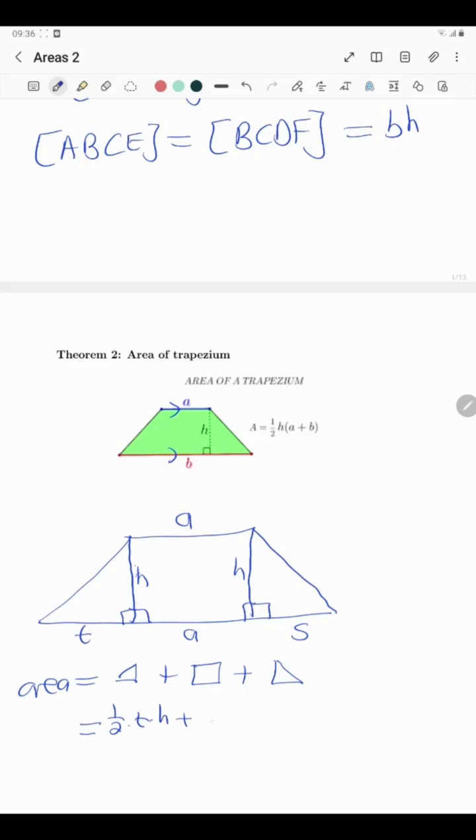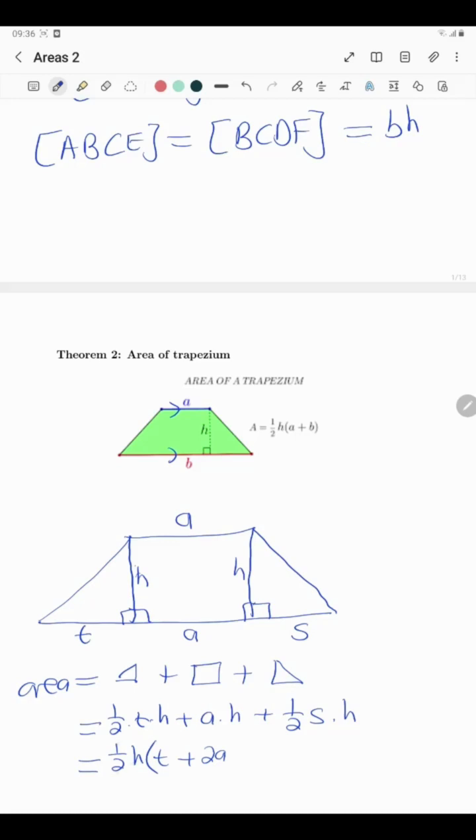The area of the rectangle in terms of these variables will be a times h, and the area of the triangle on the right will be a half s times h. And you can see we can take out a common factor of a half h, and if we do that we are left with t. Here you've got to be careful. If I take out h and I take out a half, I'm left with 2a. Why?